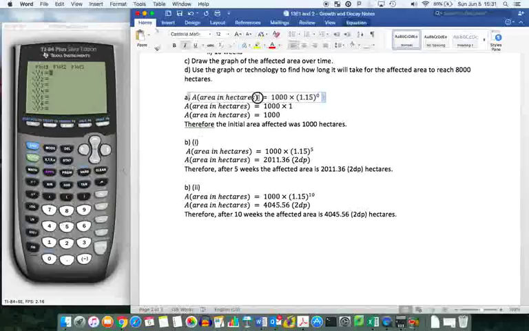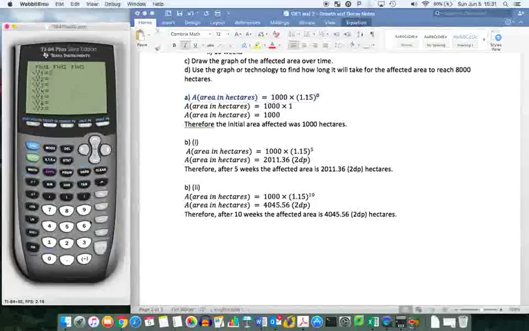Now, when you're graphing functions, you're letting this be represented by the y-axis, and you're letting this variable be the x-axis. So we're going to put that in: 1,000 times by 1.15 to the power of, and our variable x is there. Done. Graph it.